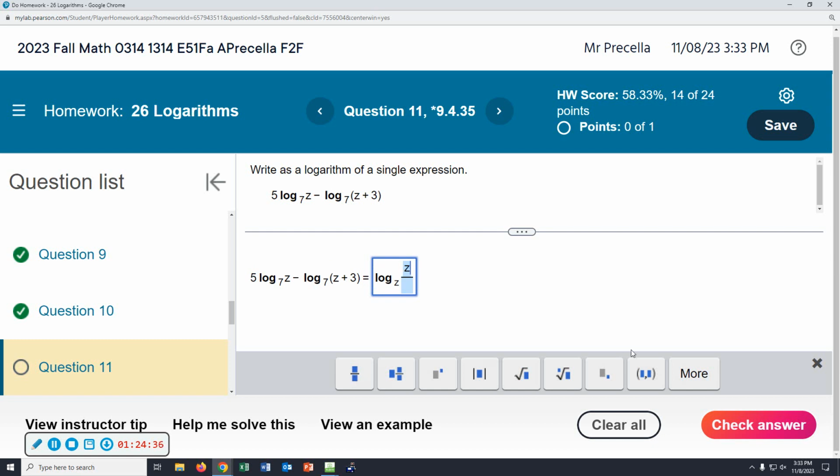Z raised to the 5th, over, now I'm going to put that z plus 3. I'm going to leave it in parentheses. Uh-oh, did I do something wrong? Oh, it's log base 7 for the subscript, not a z. Oh my goodness, thanks. Log base 7. Okay, there.